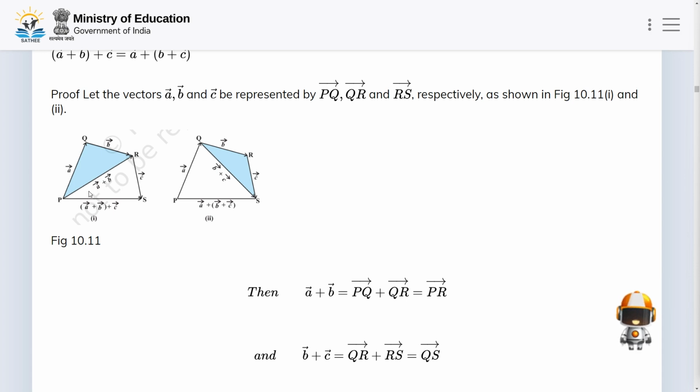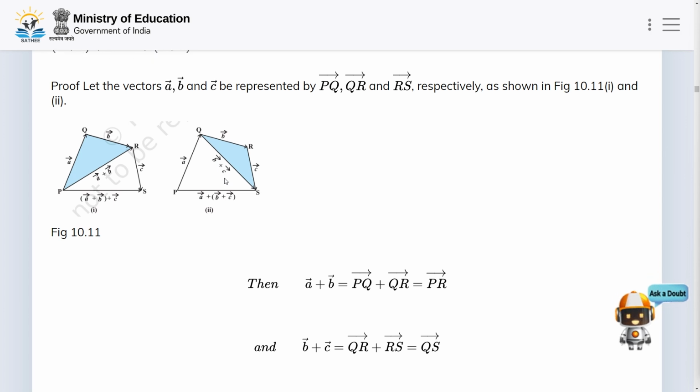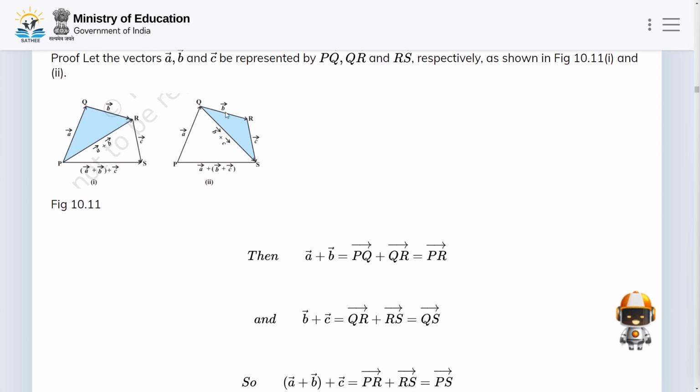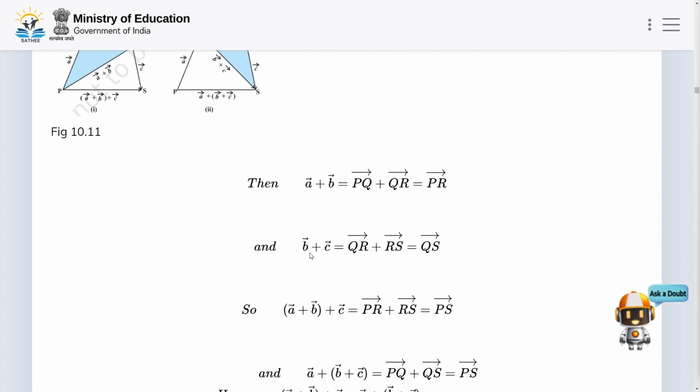Vector PR is the sum of two vectors, vector A plus vector B. Now the same can be done for B and C. For the triangle QRS shaded in blue, the QS vector will be QR plus RS vector, which is B plus C.